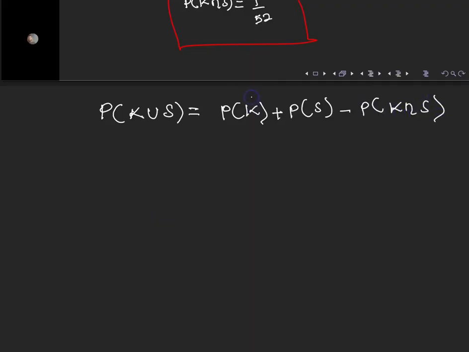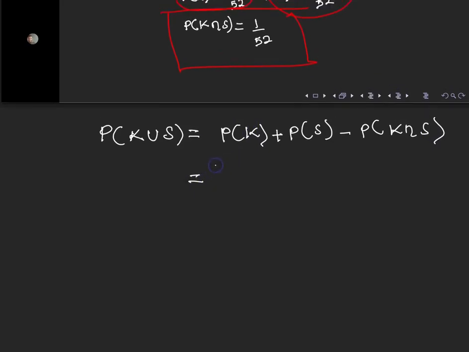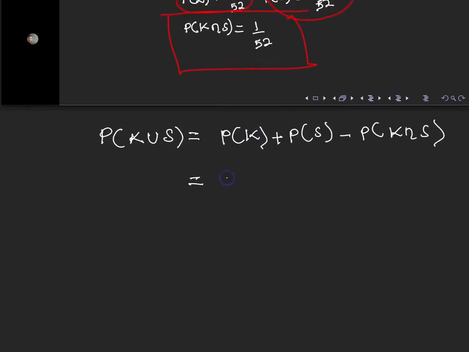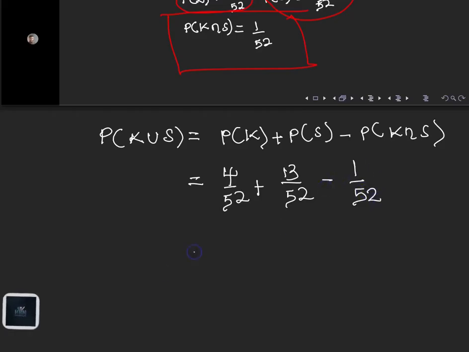Right? So substituting our values, we are going to get probability of king. We said that was what? 4 over 52. So 4 all over 52 plus probability of obtaining a spade, which is what? 13 over 52 minus the probability of obtaining king and spade all occurring together.